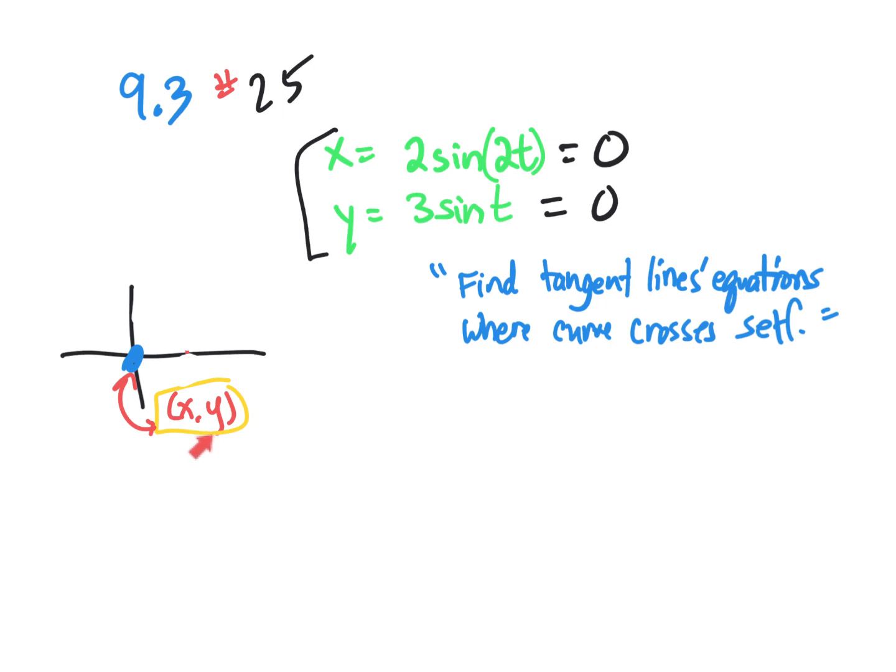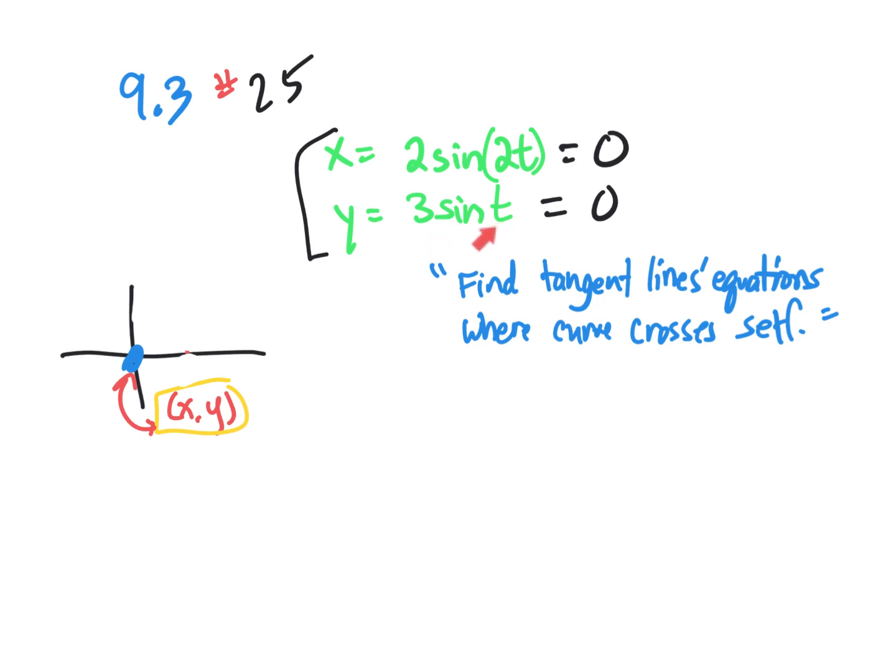Anytime the sine ratio is 0, x and y will be 0. So if t was 0, sine of 0 is 0, the y coordinate will be 0, and we found one t value for which the graph is crossing the point 0, 0. And it should be pretty easy to find another one. What if t was equal to pi?